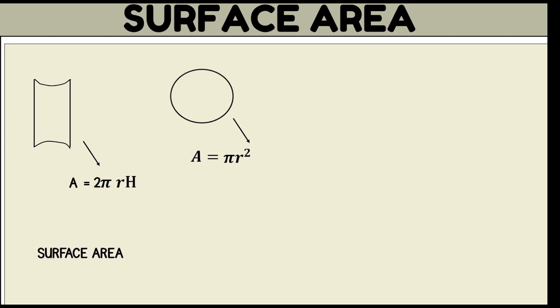So that will reduce the surface area of an open cylinder to 2 pi rh plus pi r square. This is so because if the cylinder has one open end, that means it has only one circular surface.